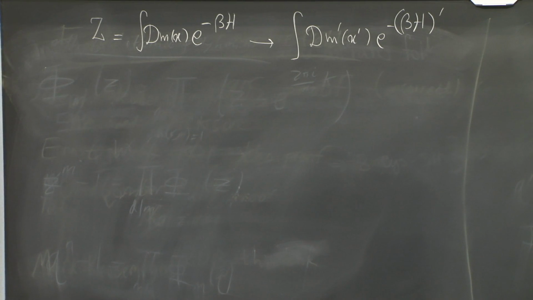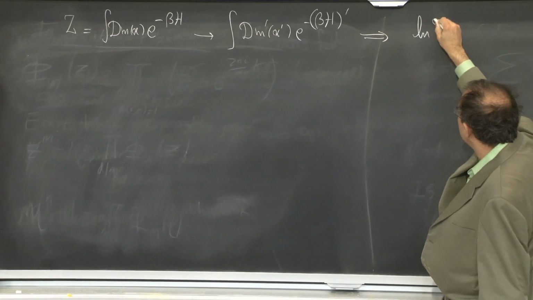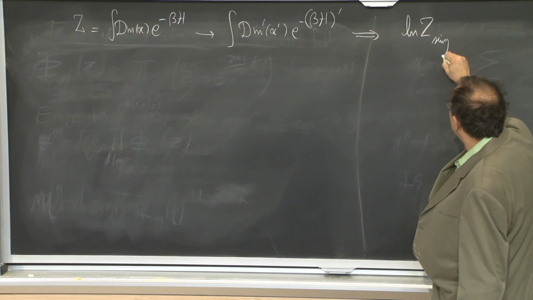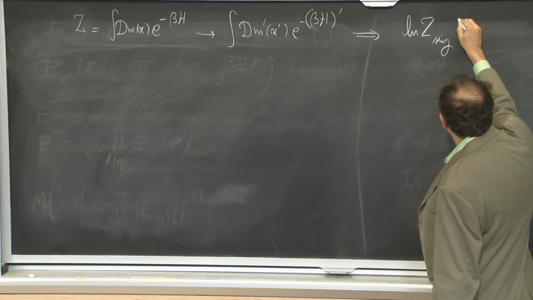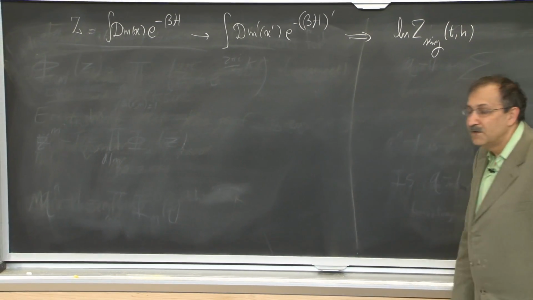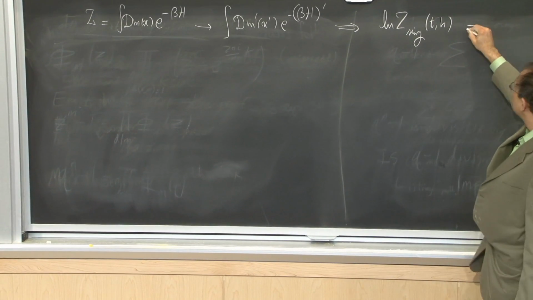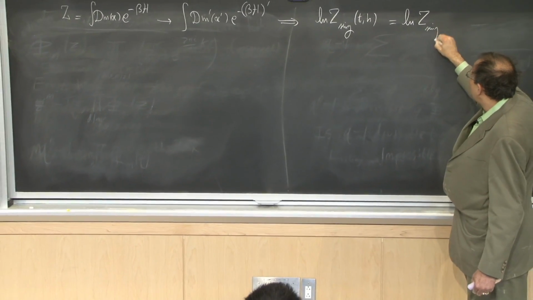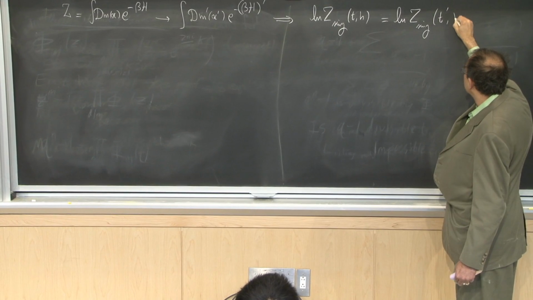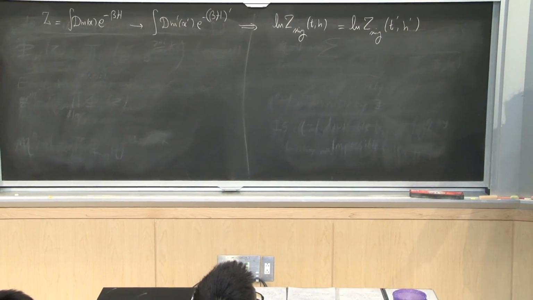So there could be an overall constant that emerges from this. But this really implies that the singular part of log Z, and presumably this depends on how far away I am from the critical point, is the same as log Z, that singular part, after I do this, with t prime and h prime. Okay?